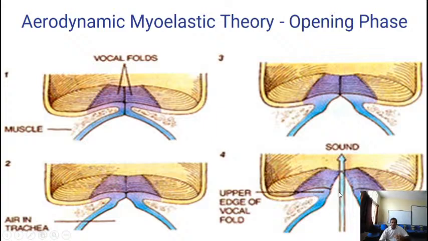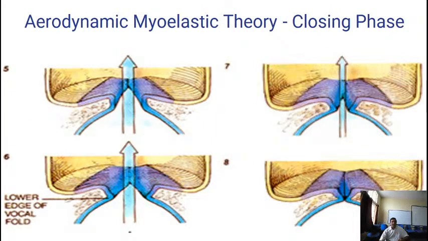And when the small gush of air escapes, there is a negative pressure occurring, and so once again the vocal cords start coming together. Usually the base is the one which closes first, and then the apex, and so the vocal cords are adducted again.